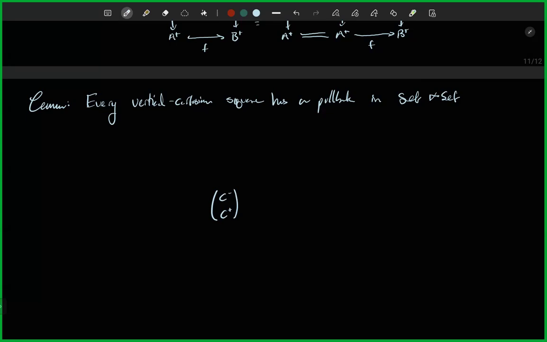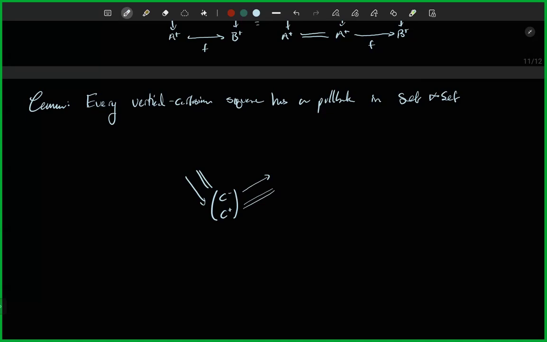And then what do I mean by vertical Cartesian? Well, I mean that this one here is going to be Cartesian, which remember meant that it only had a bottom thing. And this one here is going to be vertical, which means that it only has a top thing.